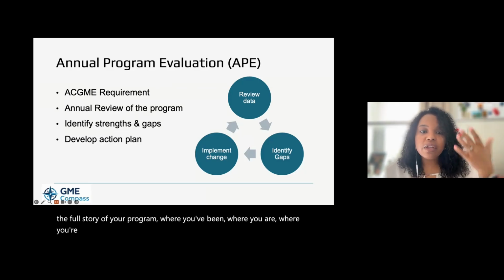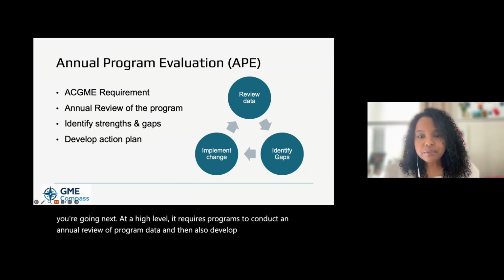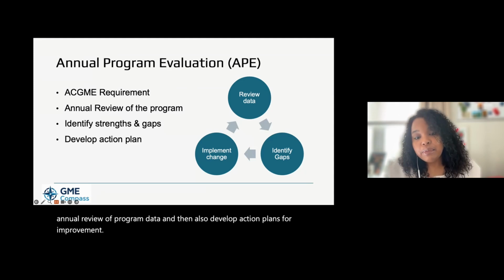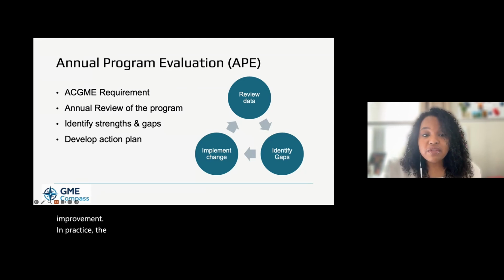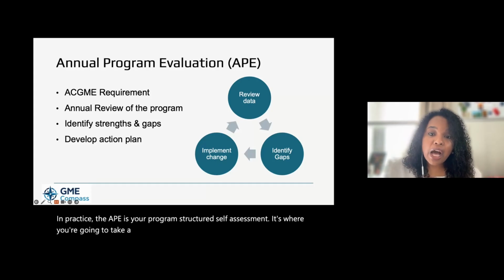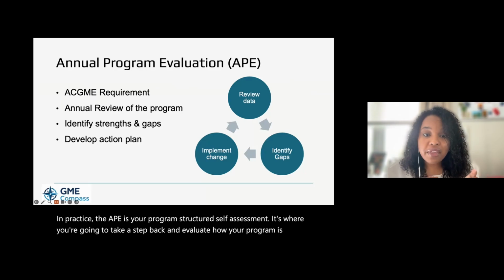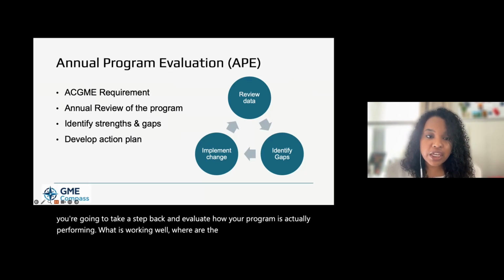At a high level, it requires programs to conduct an annual review of program data and then also develop action plans for improvement. In practice, the APE is your program's structured self-assessment. It's where you take a step back and evaluate how your program is actually performing. What is working well, where are the gaps, and what needs to change.